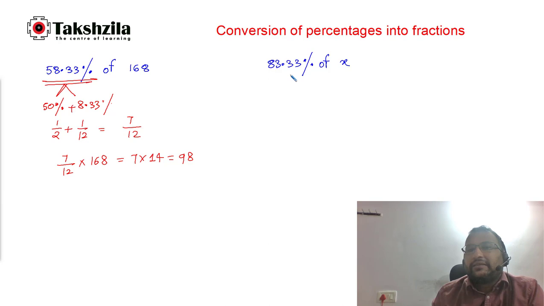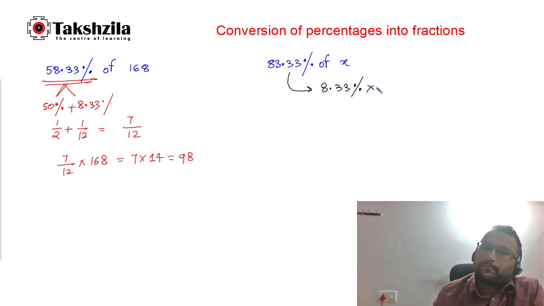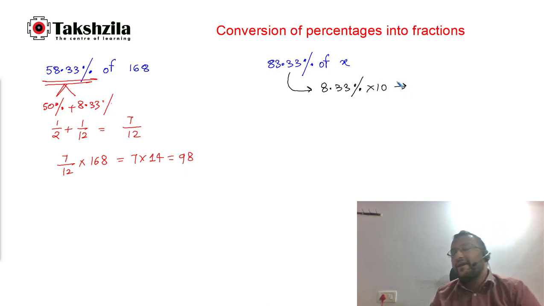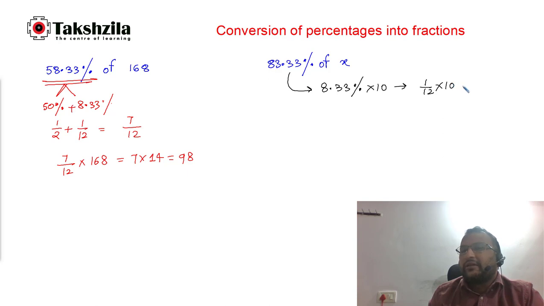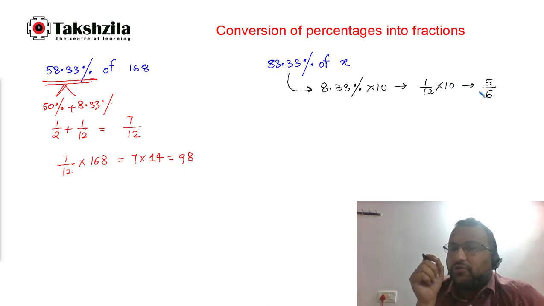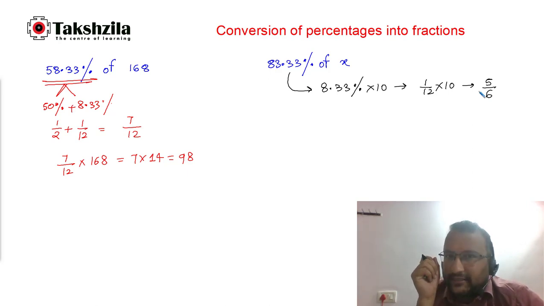Some people can think that this is nothing but 8.33% into 10. So finding 8.33% of a number is nothing but multiplying that number by 1 by 12 into 10, that is nothing but 5 by 6. So the fraction equivalent to 83.33% is 5 by 6.